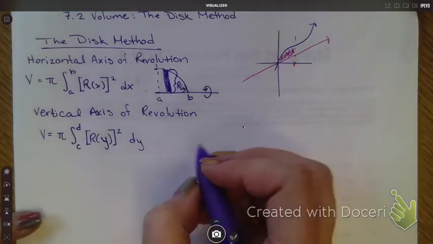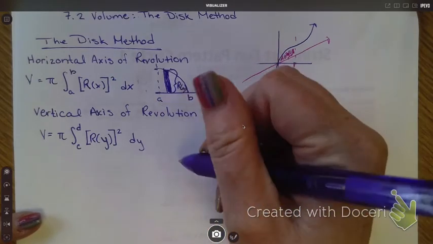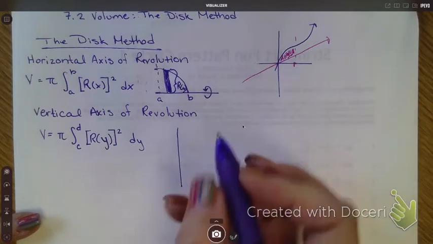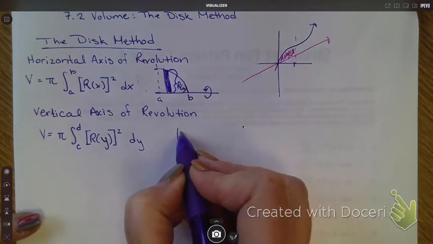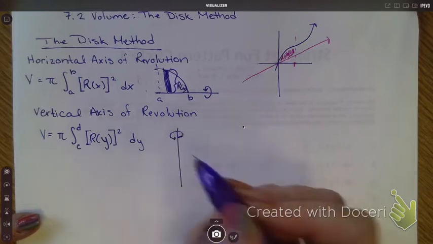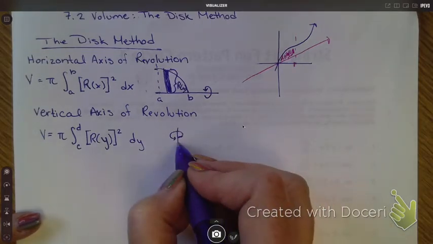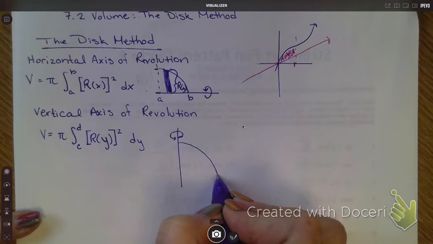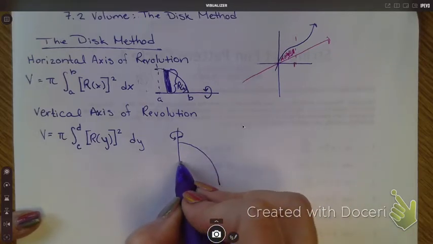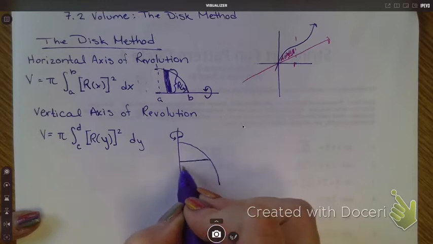Okay, so then this here, our vertical, would be rotated this way. And so my discs would be cut this way, wouldn't they? Yes.